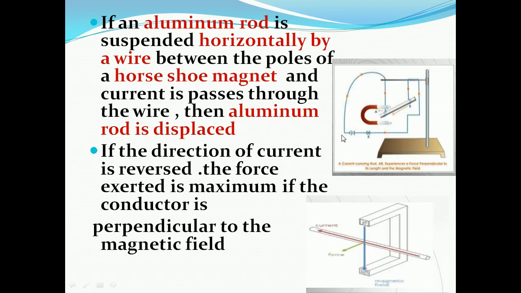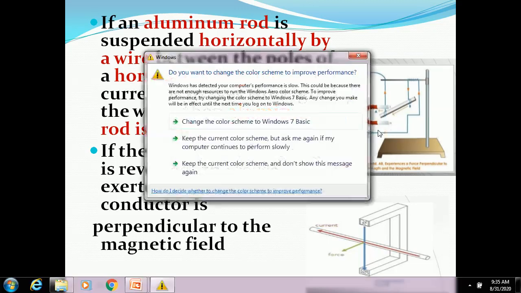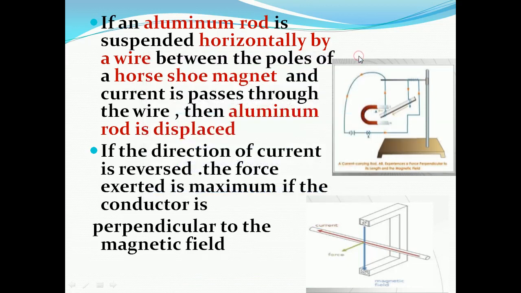If the direction of the current is reversed, the direction of displacement also reverses. The force exerted will be maximum if the conductor is perpendicular to the magnetic field.